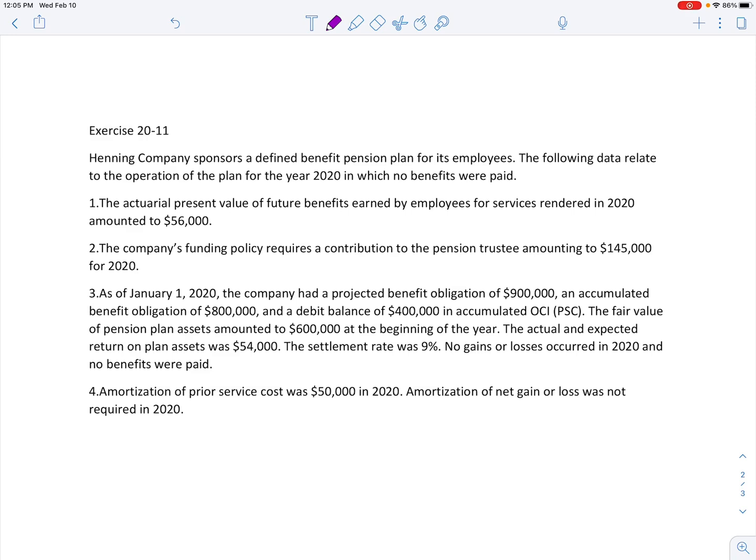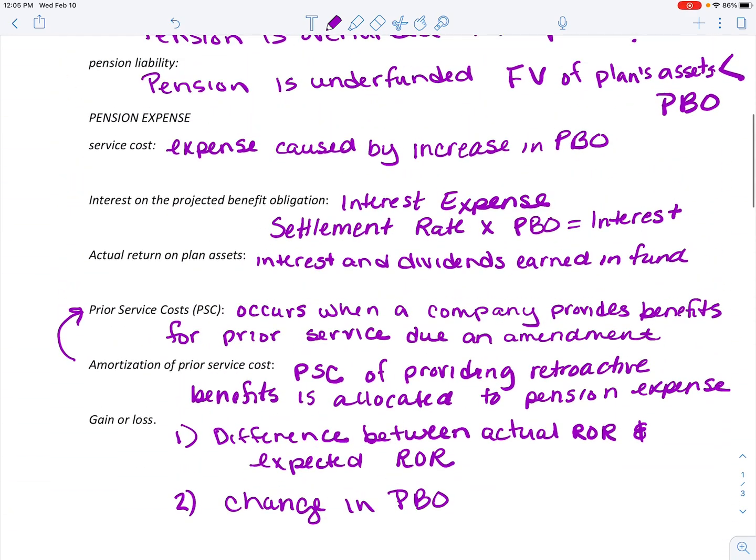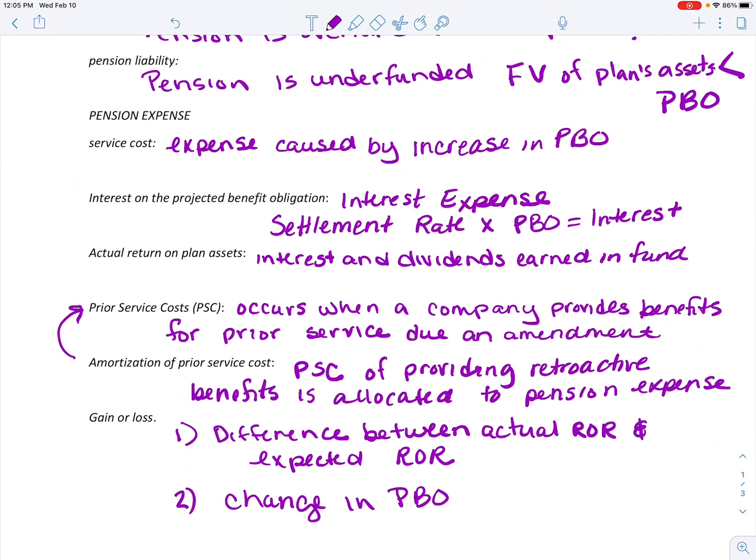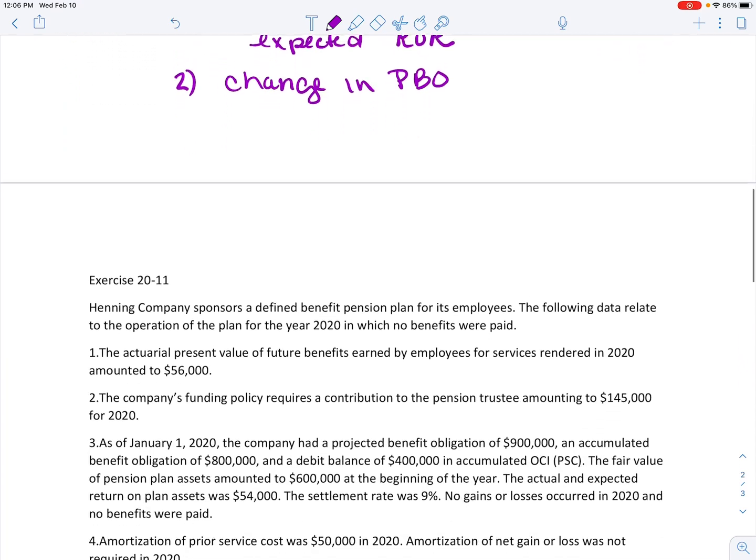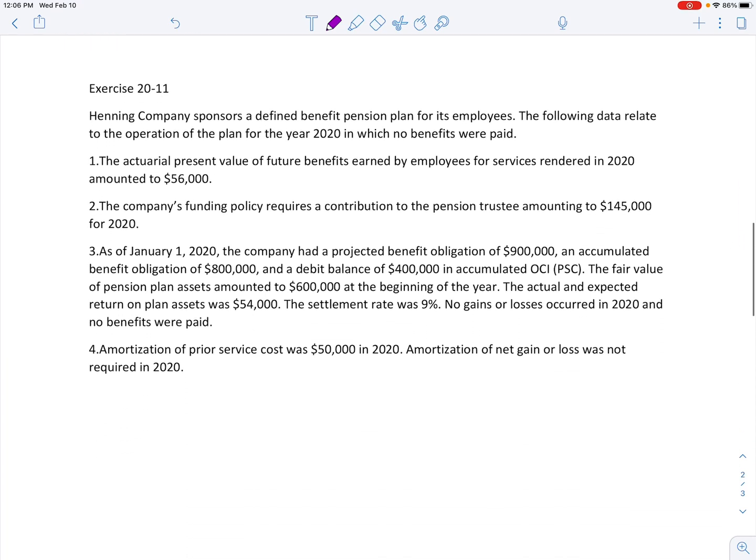To get to that, we have to go through all those components, right? We listed here everything that goes into calculating that pension expense. So let's go through those, find those factors, and then we'll be able to calculate our pension expense. So there's a few things I'm going to be looking for to get that pension expense calculation.